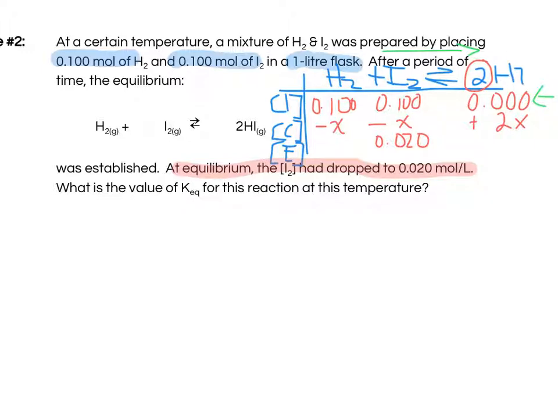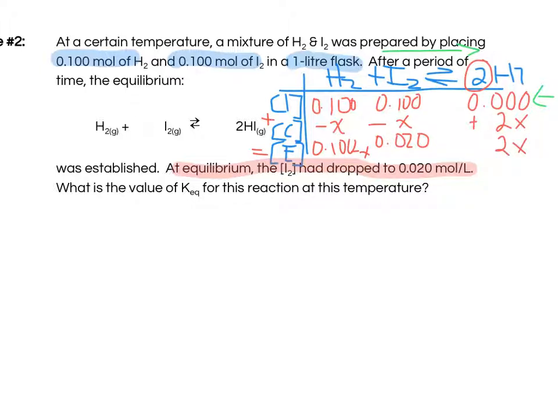So my H2 concentration is going to be just 0.100 minus x, because remember that my initial plus my change is going to equal my equilibrium concentration. 0 plus 2x over here on my product side is going to give me 2x.